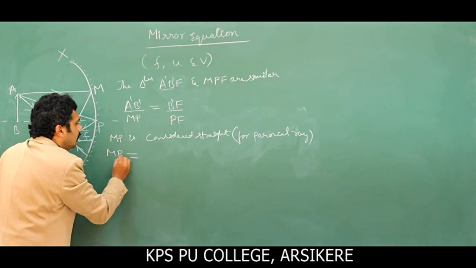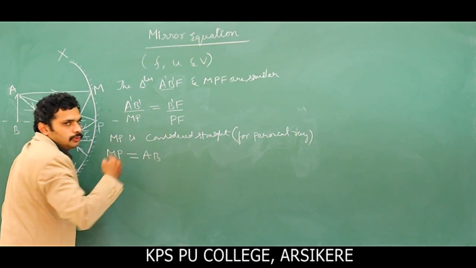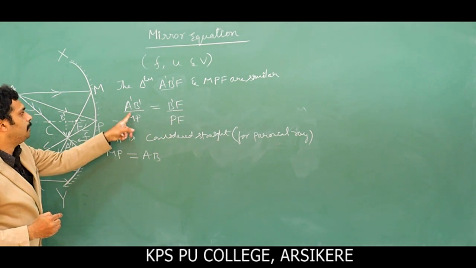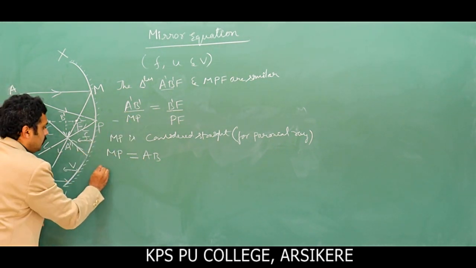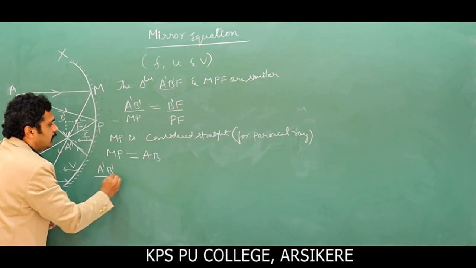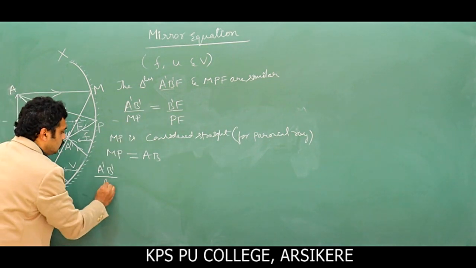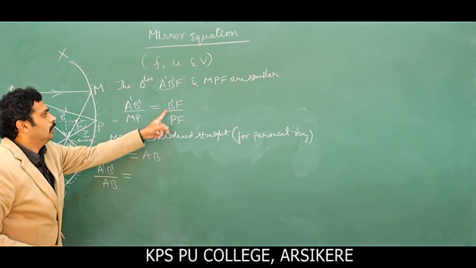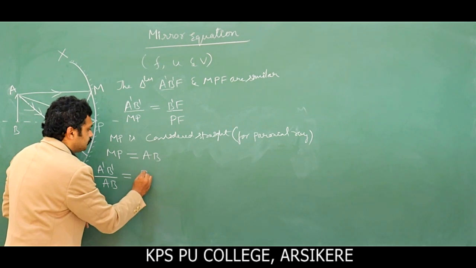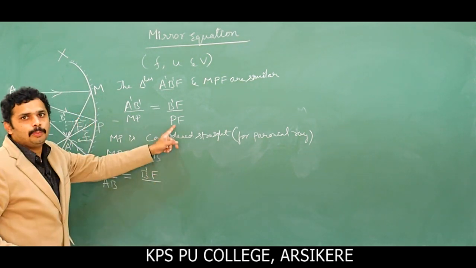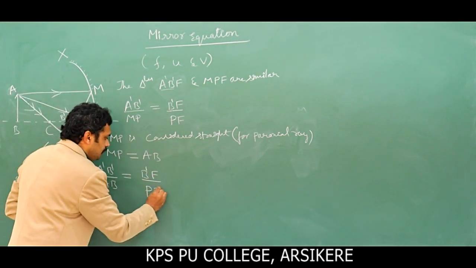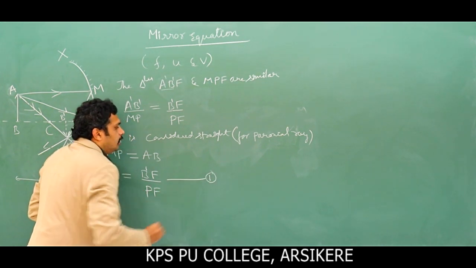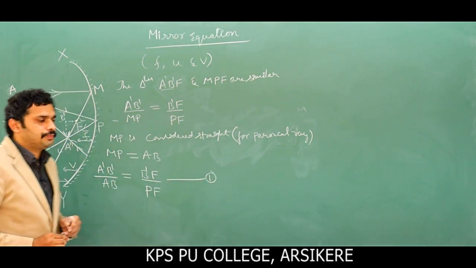Now in the place of MP I am writing AB. A dash B dash by AB is equal to B dash F divided by PF. This I am taking as equation 1.